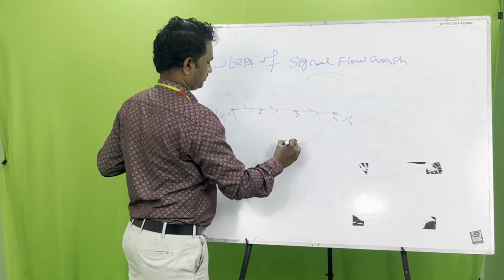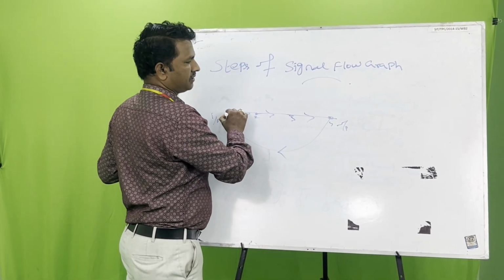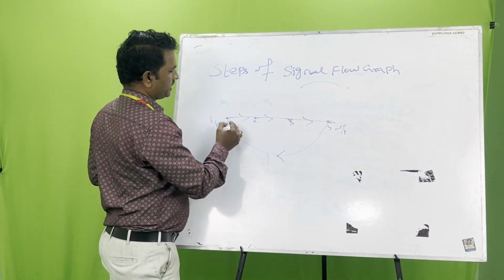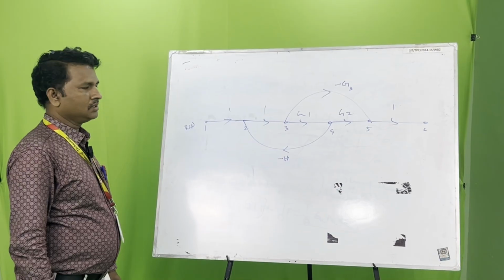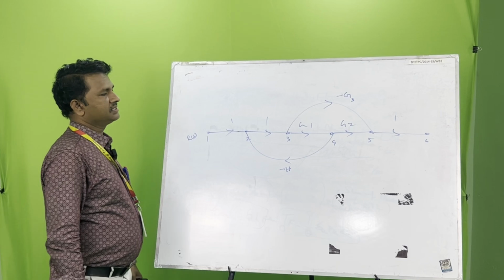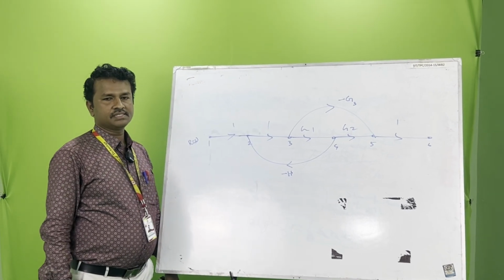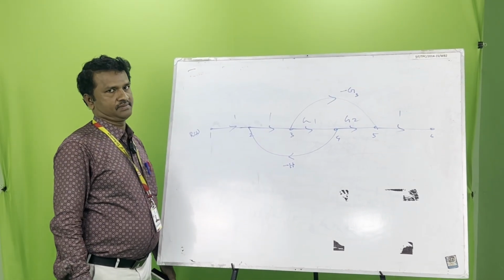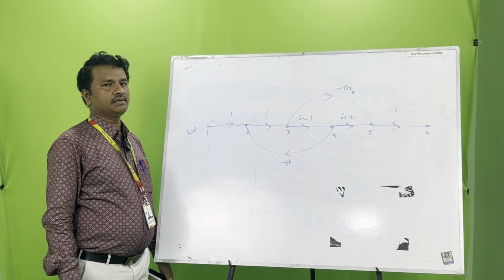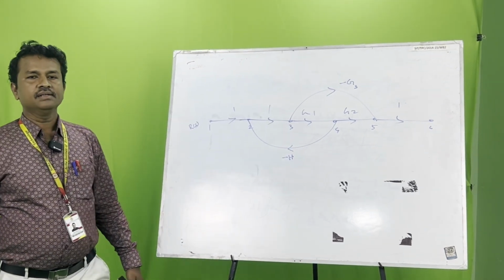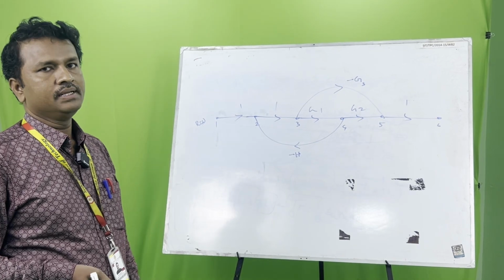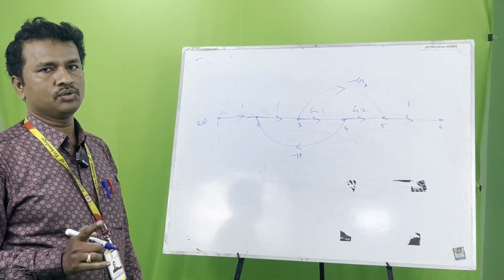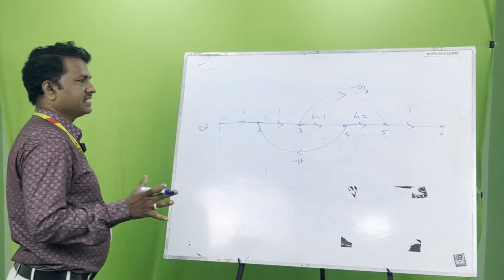It starts at a starting point and returns to that point. That is the individual loop. We discussed this in 5 steps. First step, forward path. Second step, individual loop. Third, non-touching loop. Fourth, calculation. Fifth, Mason's gain formula.